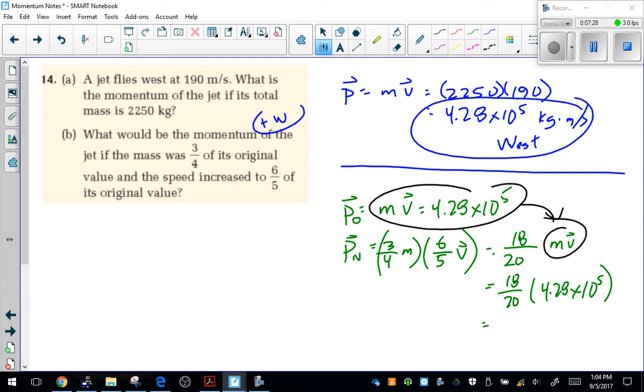Taking 90% of that value. And when I do that, I get 3.85 times 10 to the 5 kilograms meters per second.